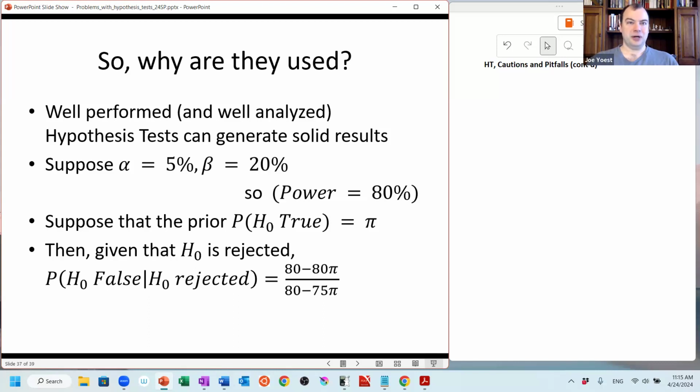And very importantly, when we use hypothesis tests, we have to be very careful with the analysis and the interpretation so that we don't run into these pitfalls. We have to analyze and interpret it very carefully and thoughtfully, not just throw out a paragraph that sounds pretty good and then be on our way.